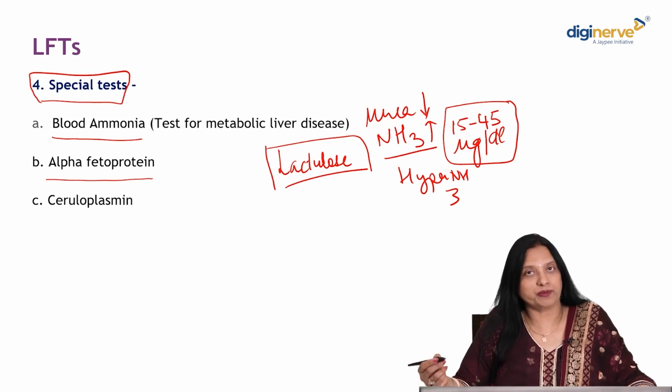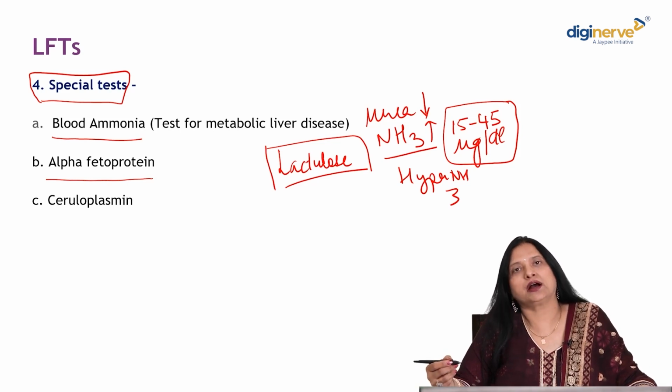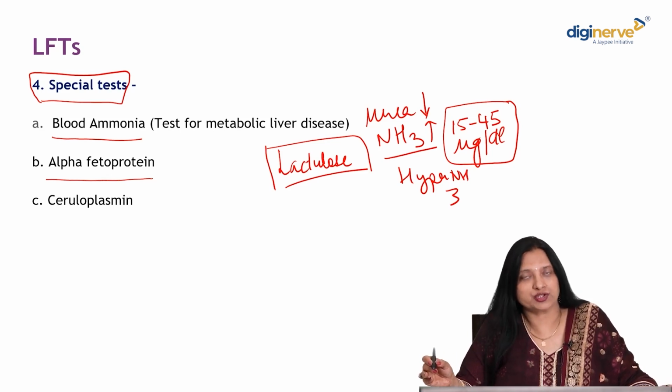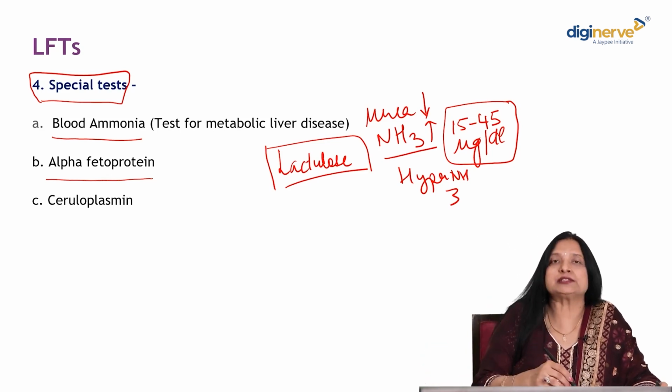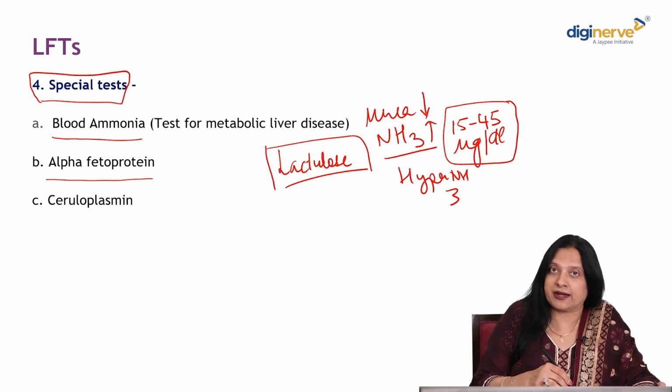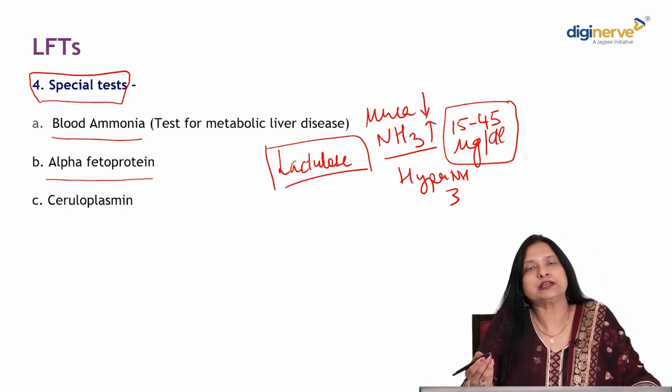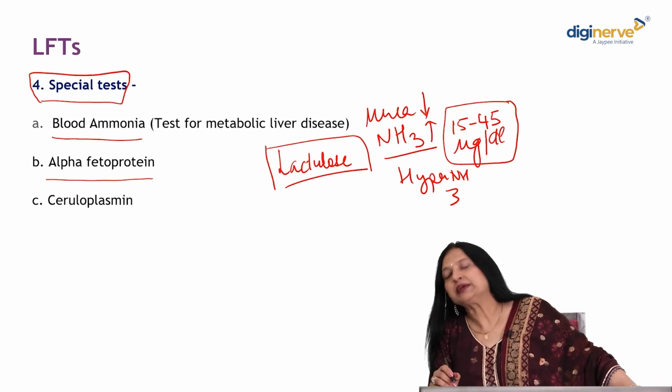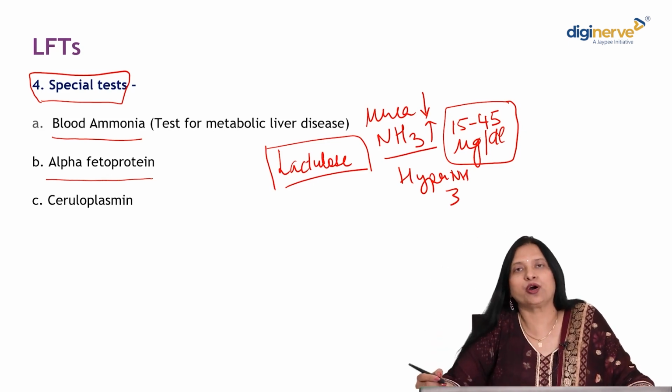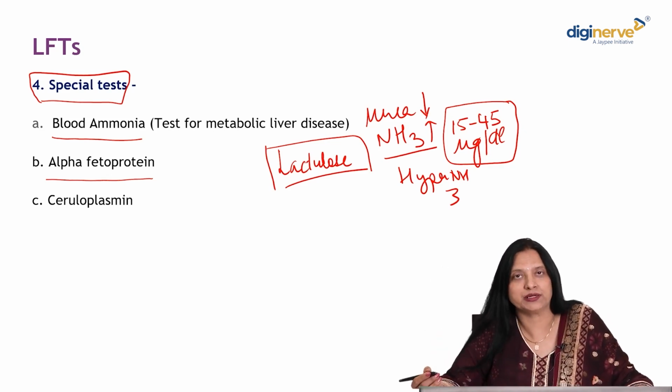Now this is a tumor marker which is present in fetal life but disappears after a few weeks of birth. So obviously it is not normally present in adults. So whenever its levels are detected in adults, it points towards some malignancy. There could be some hepatocellular carcinoma, or there could be a germ cell tumor.